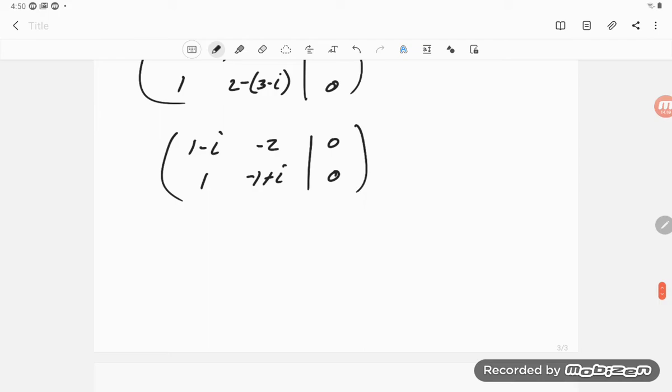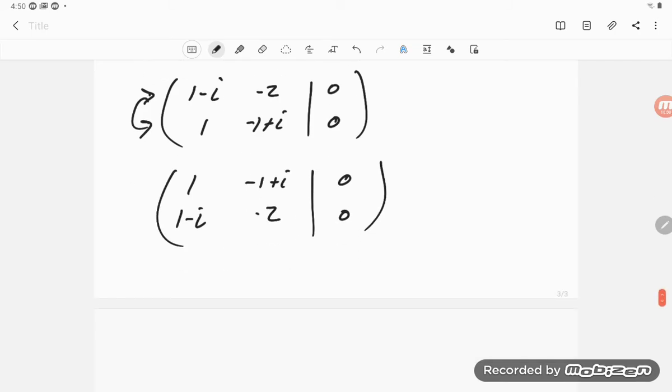I'll swap the two rows. So 1, negative 1 plus i, 0, 0, 1 minus i, and negative 2.